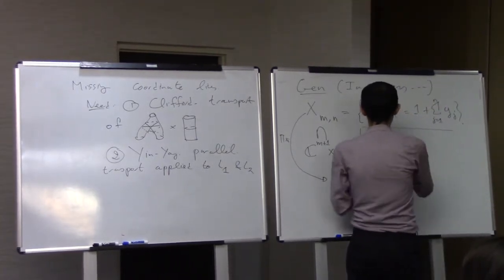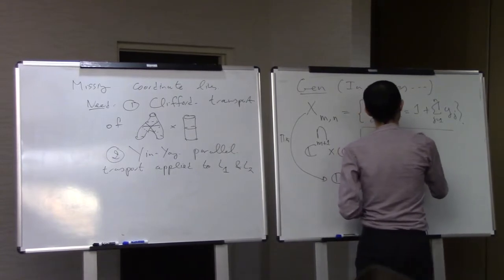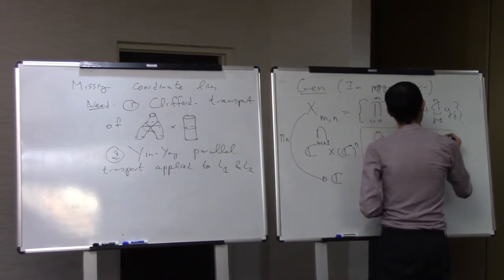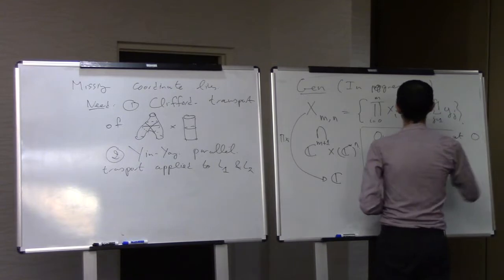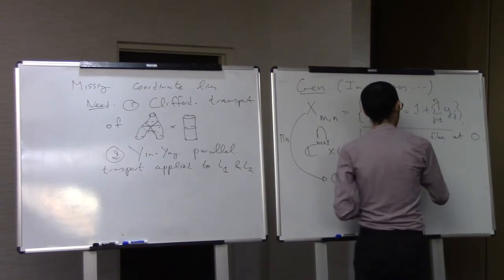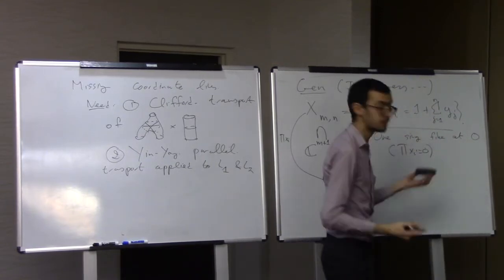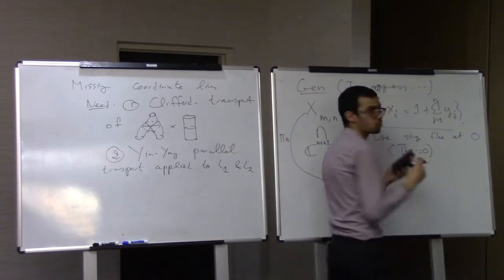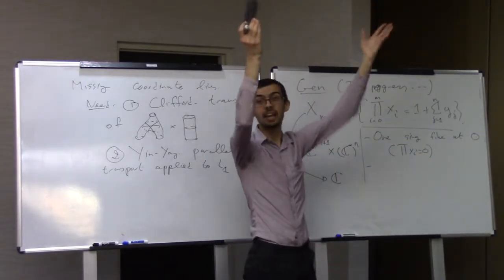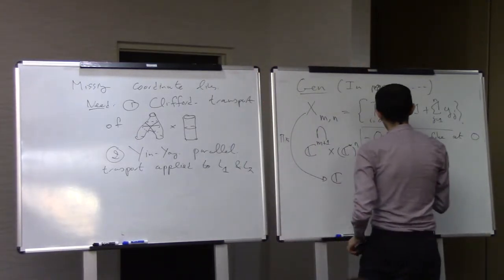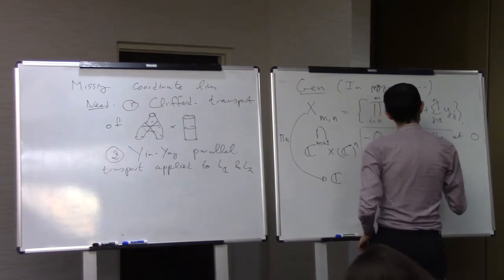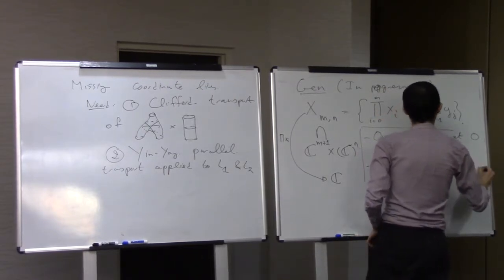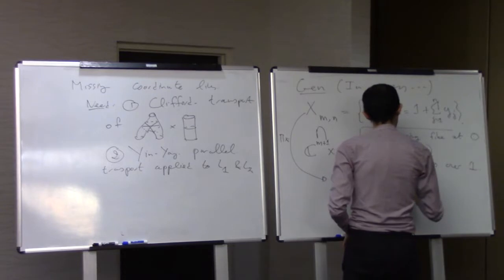There's one singular fiber at 0, which is basically the product of the x_i equals 0. Okay, that's clearly singular. And then something which you should think of as a singularity at infinity, over the sum of the y_i equals 0.